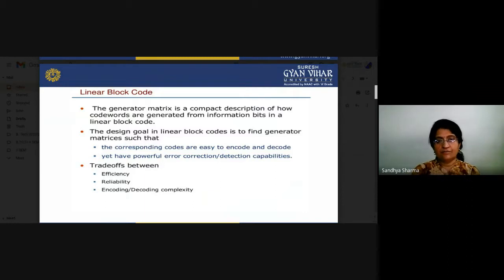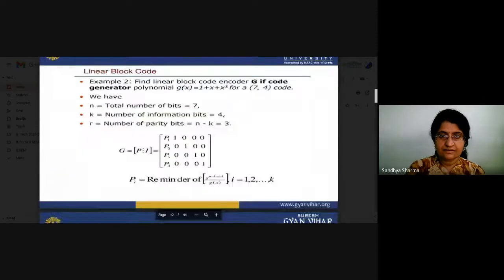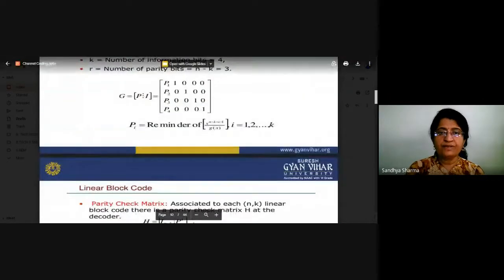There is a trade-off between efficiency, reliability, encoding, decoding, and complexity. If you are talking about efficiency or reliability, there may be a little bit of trade-off with other techniques, and this is the point we have to remember.